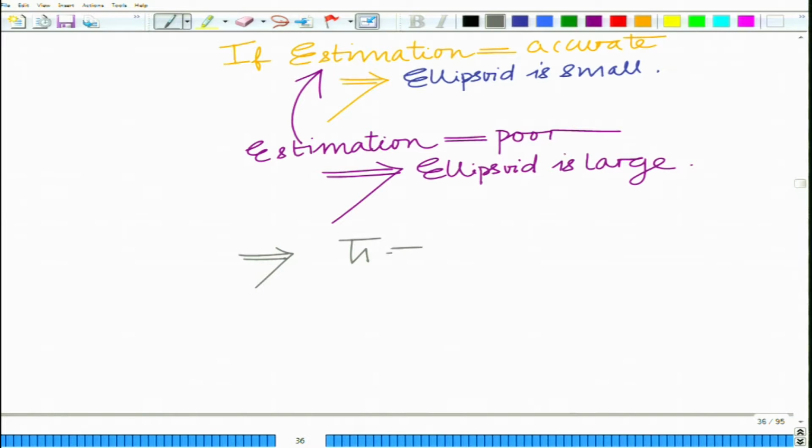Now you have an interesting model to characterize the true channel vector. I can represent h bar as A times u bar plus h hat, remember this ellipsoid has center h hat.